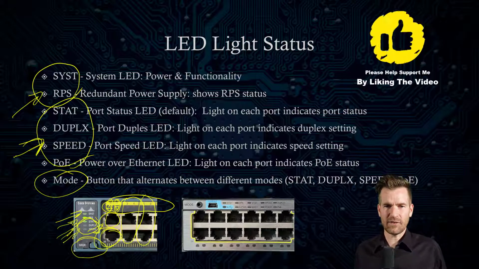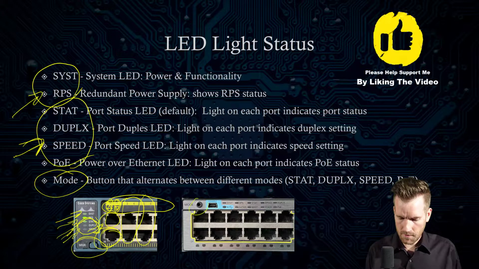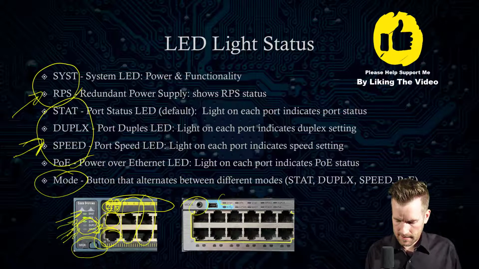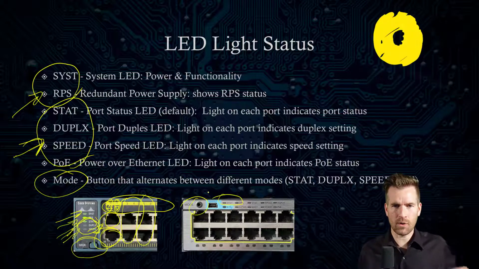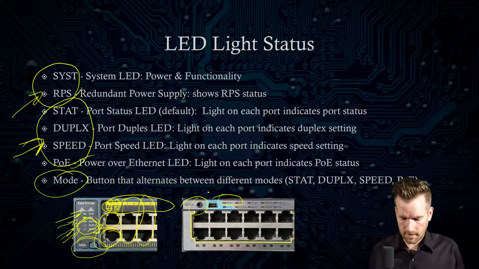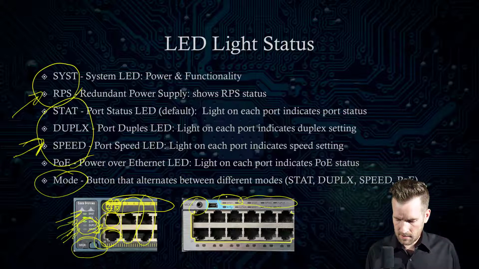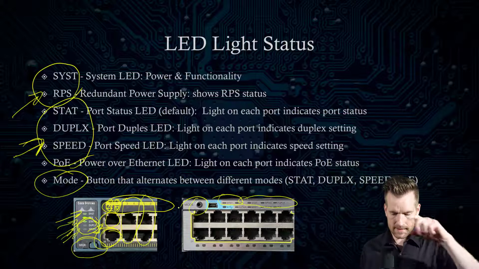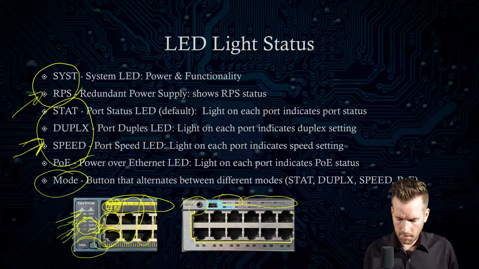On the 3750, I've got two models here. We see the mode button right here. We see the system and XPS, because the power on these is dual power, so it says XPS rather than RPS. Then we've got stat, speed, duplex. It's actually horizontal, and on this one our port LEDs are at the bottom.